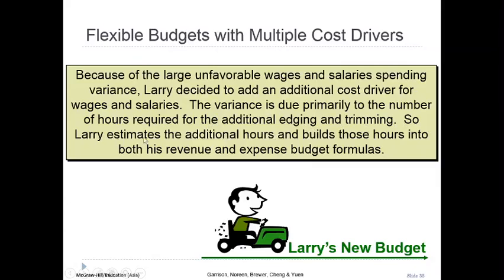So Larry estimates the additional hours and builds those hours into both his revenue and expense budget formula. It means Larry wants to put the number of hours into the cost of wages and salary to reduce the unfavorable spending variance that he got in wages and salary previously.